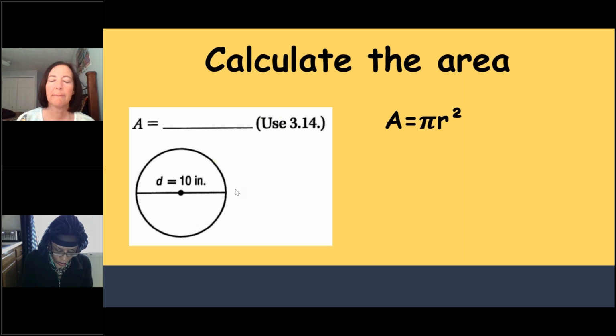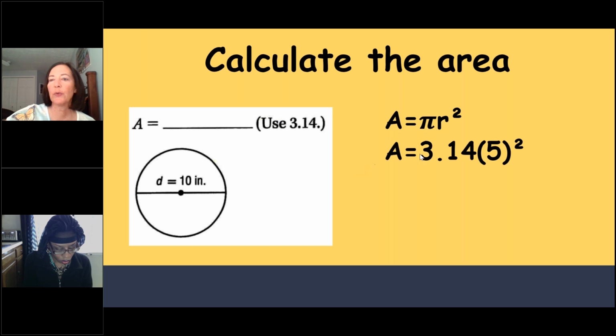Do you know? Is it 20? No. Remember the radius. Go ahead. What is it? What do you think it is? It's 5. It is 5. Radius is half the distance of the diameter. So we would substitute 3.14 where it said pi.